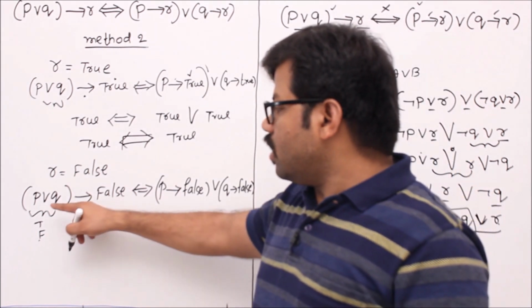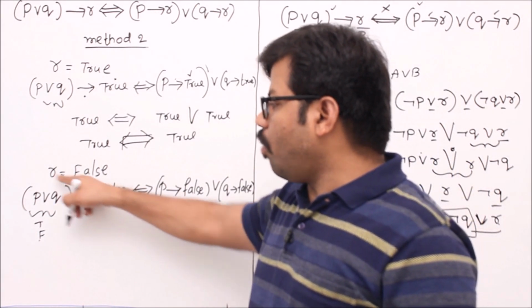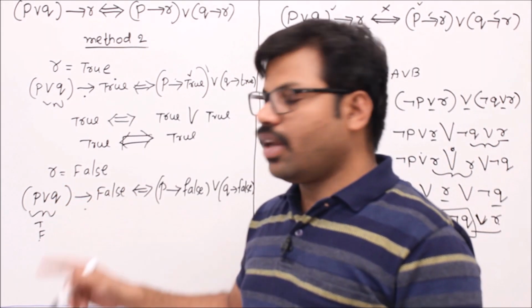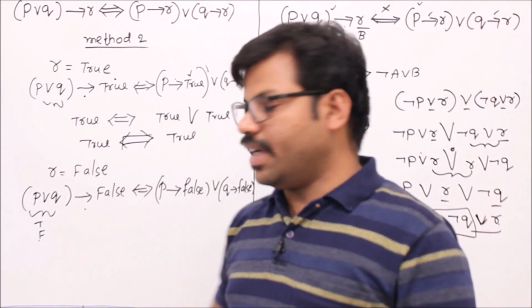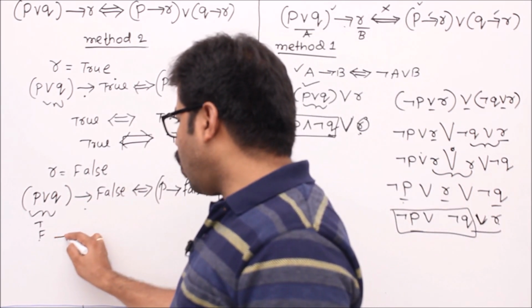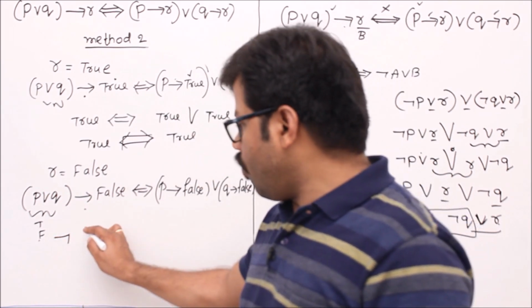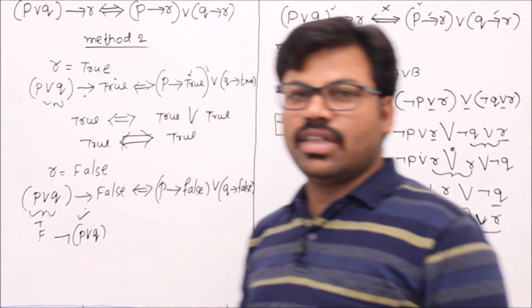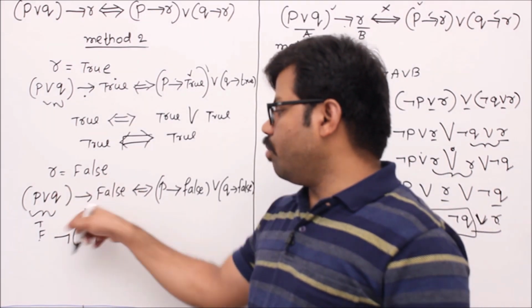That means this formula is exactly opposite to PRQ, right? If PRQ is true, overall false, PRQ false, overall true. It's exactly opposite to PRQ. I can say it is opposite, that means negation of PRQ, isn't it? Remember it.